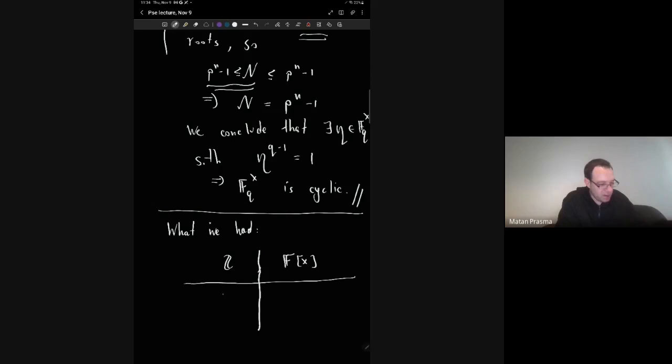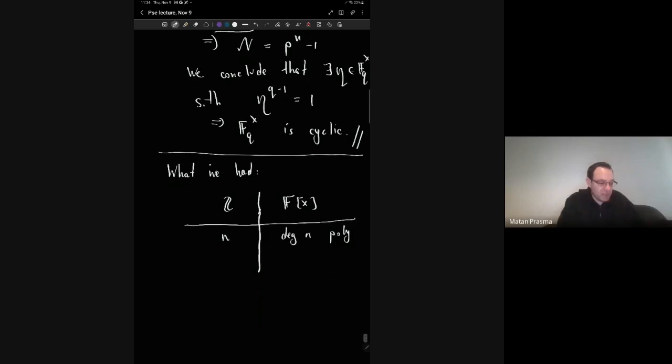The integer n may correspond to a degree n polynomial. And then there is this notion of a prime, and we have this analog in polynomials of a prime polynomial.